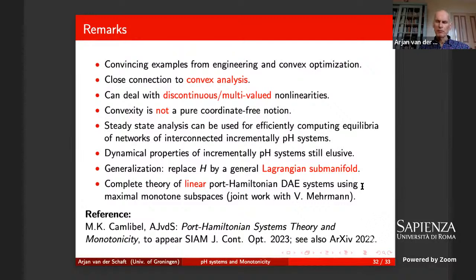By the way, in many cases, these port Hamiltonian systems are mixtures of differential and algebraic equations, so DAE systems. Okay, and the basic reference for this talk is the paper quoted here, which is going to appear in the SIAM Journal on Control and Optimization.